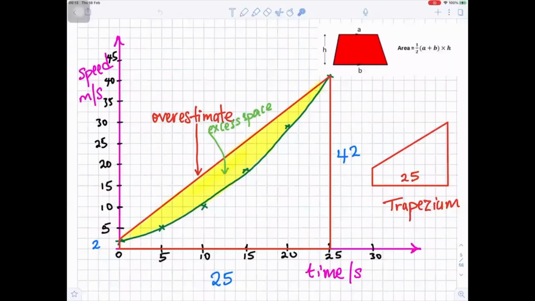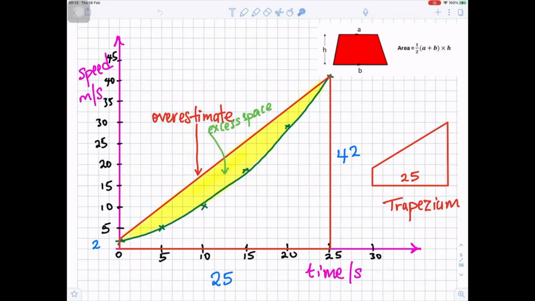The first thing we want to do is plot this information on a graph. So we have the speed in meters per second on the y-axis, the time in seconds on the x-axis. It goes from 5 meters per second up to 45 meters per second, and the time goes from 0 up to 30 seconds.